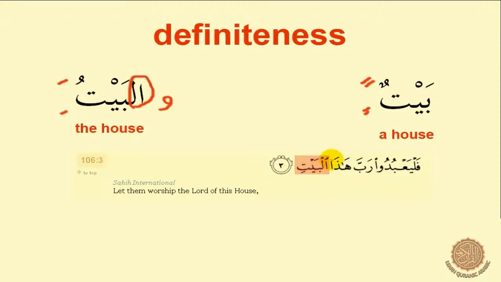Now here we have the word هذا and al-bayt. So how do we pronounce it? It's هذا البيت. You don't pronounce this hamzat al-wasl here. So you go from this alif to this lam. If it started the sentence, it would be al-bayt.